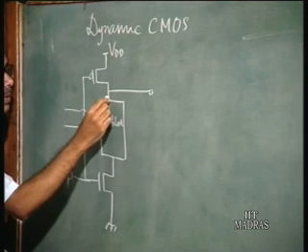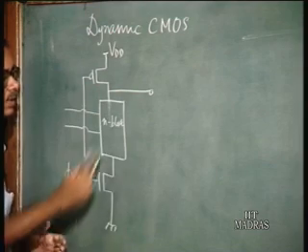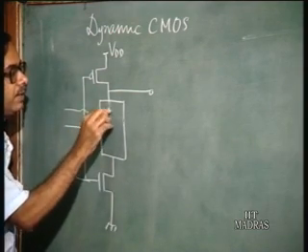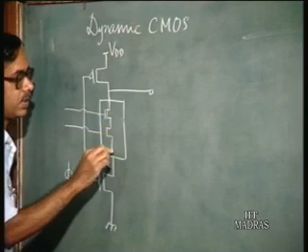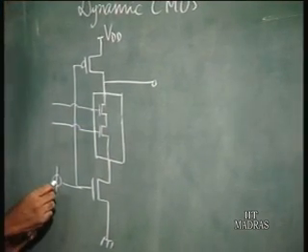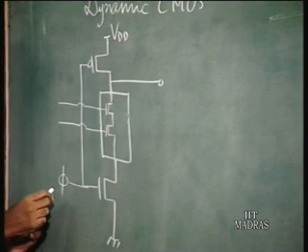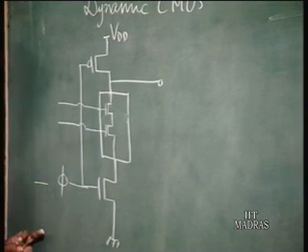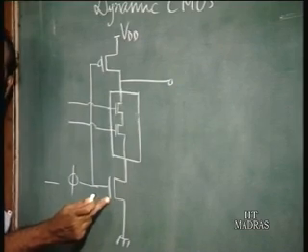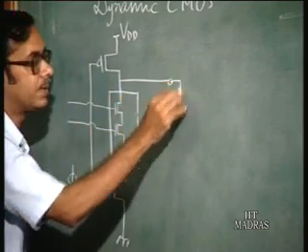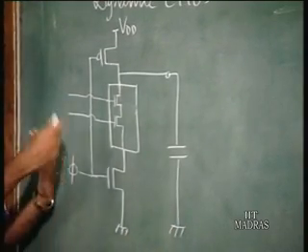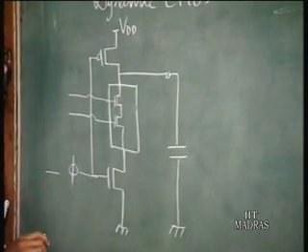For example, if we have a NAND gate, we had taken that example last class, you have two NMOS transistors here. Then when the clock is low, this NMOS is off and the PMOS is on, and you have a load capacitance, which may be the input capacitance of the next stage gates.